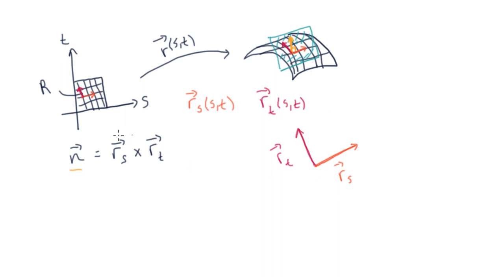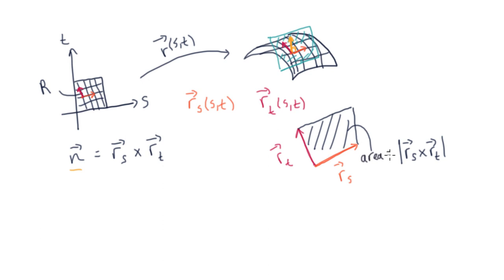So recall that the magnitude of the cross product, the magnitude of r_s cross r_t, is actually the area of this parallelogram spanned by r_s and r_t. So this little area is equal to that.